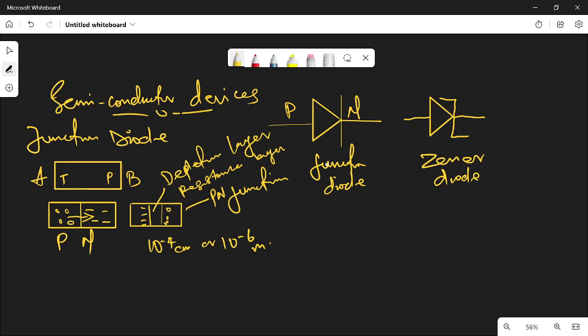Now, we have what we call bias. When you talk about bias, we are talking about the connection of a semiconductor. You can connect a semiconductor in three different ways. The first way is when you connect it like this. Let me just use this diagram.